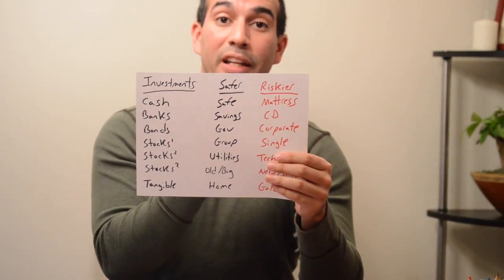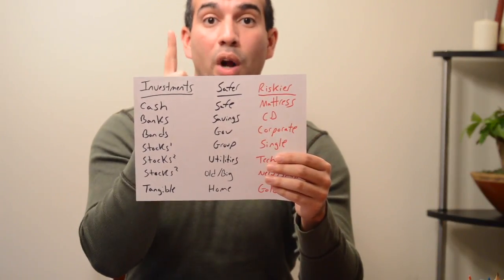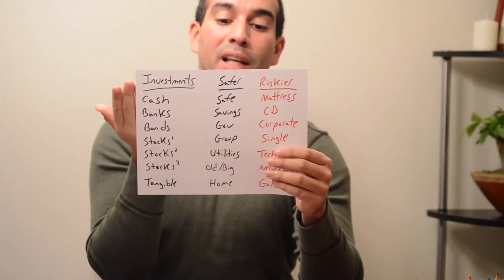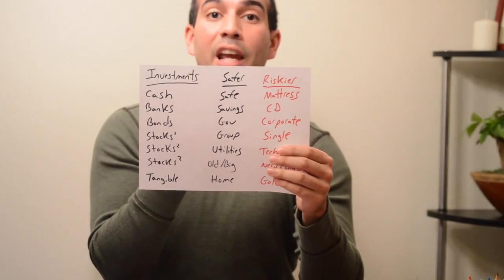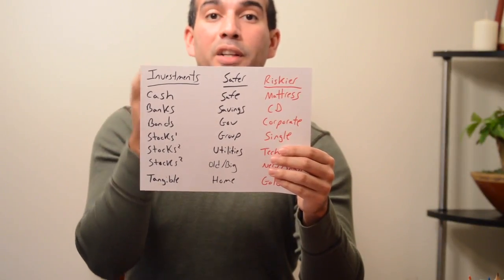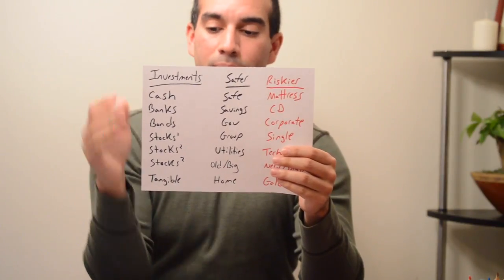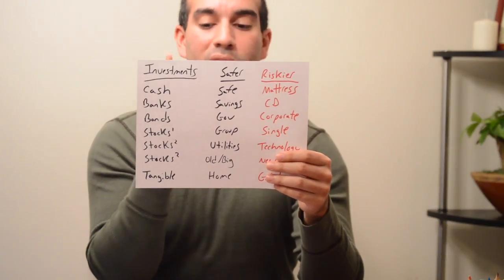So buying an individual stock is buying a share or as many shares in just one company. So if that one company goes bankrupt, you lose all your money. Whereas if that one company was in a group of stocks, then you're still protected because the other stocks would normally do okay if one company went bankrupt. Okay, so that's buying a group versus one stock.